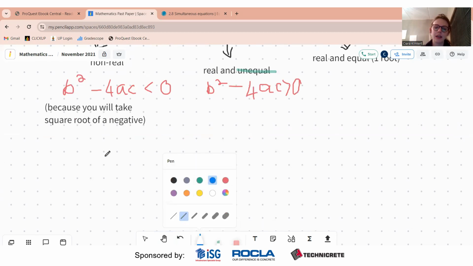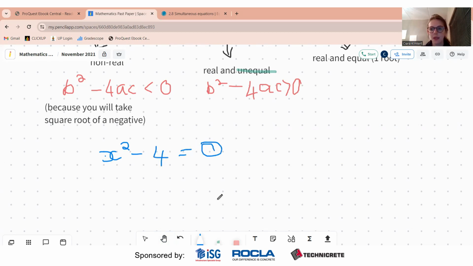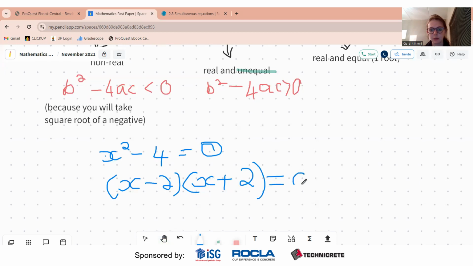If I have an equation like x squared minus 4 is equal to 0, and I solve this equation, I will factorize: x minus 2 multiplied by x plus 2 is equal to 0. If I split and solve, I will get that x is equal to positive 2 or x is equal to negative 2.